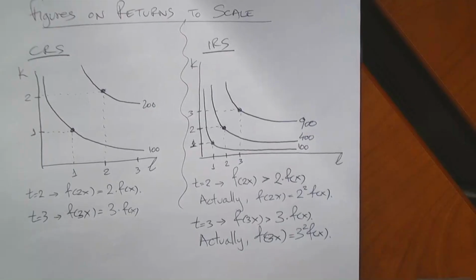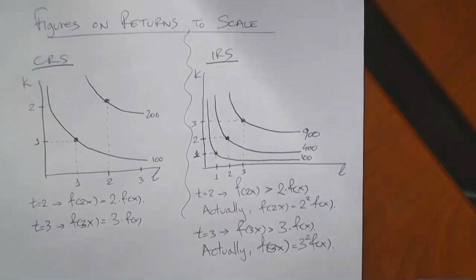So this is sort of the behavior. So this is how you symbolize effectively returns to scale by using our contour map, our level set of our production function, this cross section at different levels of output.